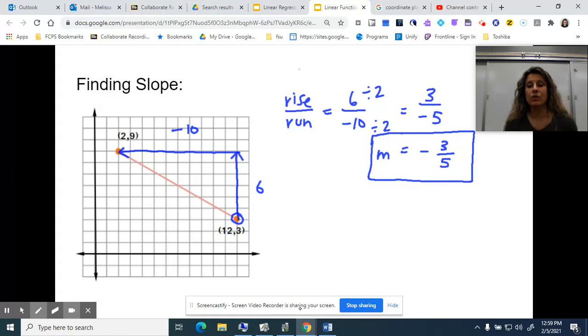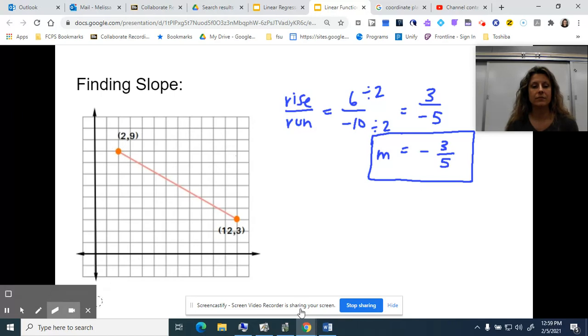Now I'm going to talk a little bit about the change in x versus the change in y. And making sure change in y is the numerator and change in x is the denominator. So if we look at the y values, this y value is 3, this y value is 9. So that's a change of 6.